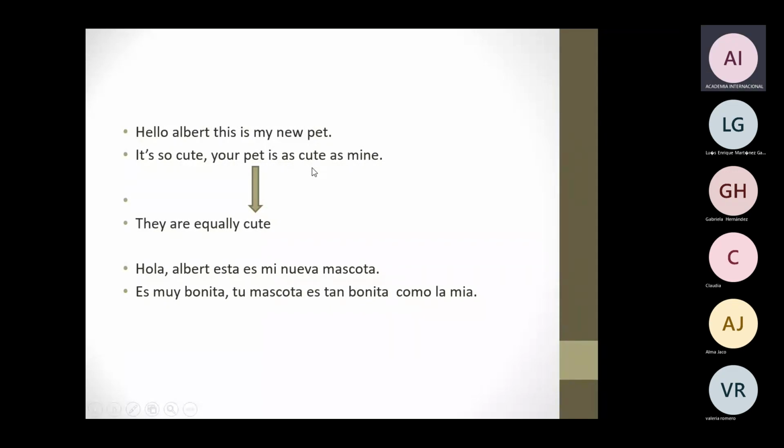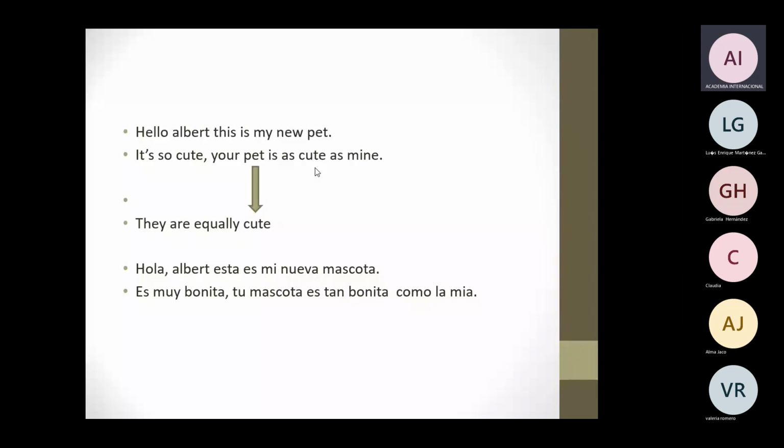And how can we know what is an adjective? ¿Cómo podemos saber cuál es un adjetivo? Bien, son todas estas palabras que describen. Por ejemplo, expensive, caro, ¿verdad? Es un adjetivo porque está describiendo que algo es costoso. Cute es como adorable, entonces, o bonito.